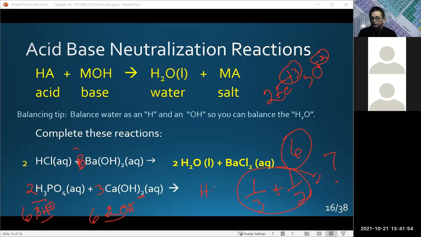Anybody want to take a guess of how many waters I'm going to make now? If I have 6 protons and 6 hydroxides, how many waters am I going to make?